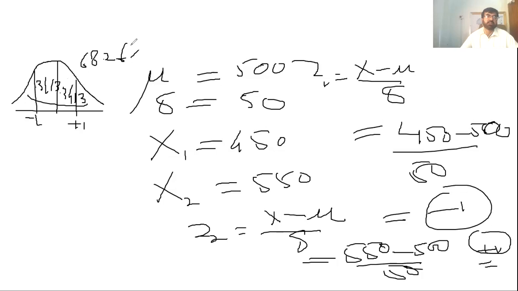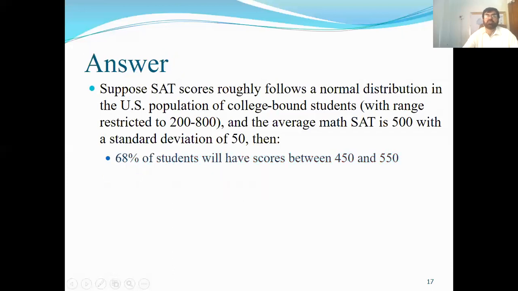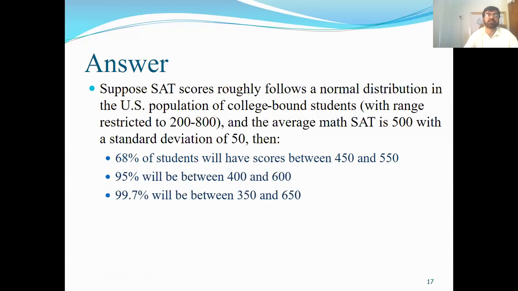So that is experimentally proved: whenever a population is normally distributed, if you plot a curve, 68% of the area or values fall within 1 standard deviation. The other examples have been solved for you. 68% of the students will have scores between 450 and 550, 95% will be between 400 and 600, and between 350 and 650, 99.7%.